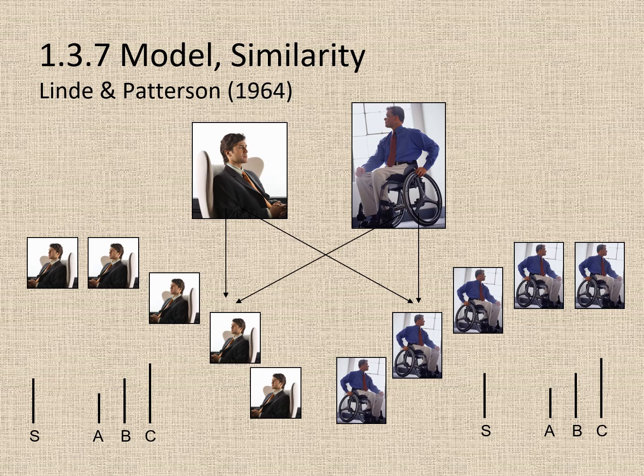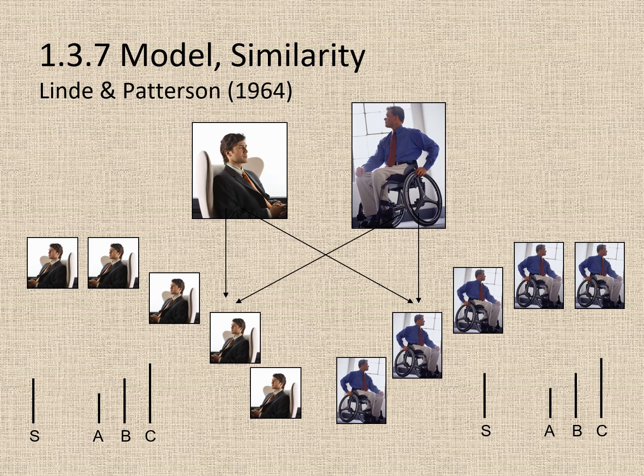Sometimes the accomplices here tell the wrong answer, obviously wrong answer, and we have a look at how the subjects behave. Do they conform with the accomplices' wrong answer? And is it affected by similarity here when it comes to sitting in wheelchair or not? And the answer is yes.